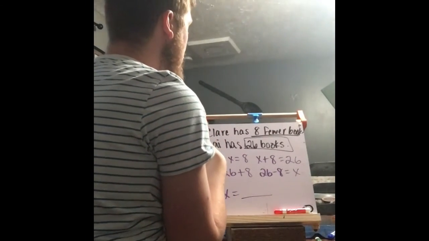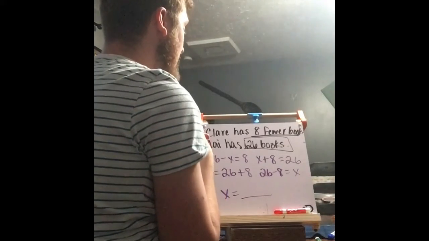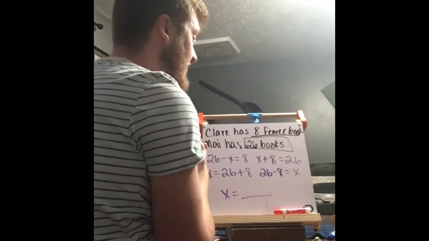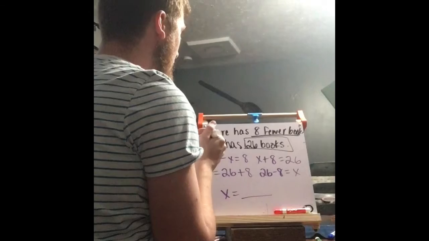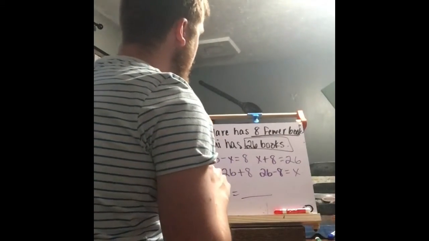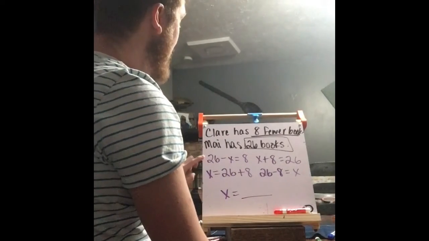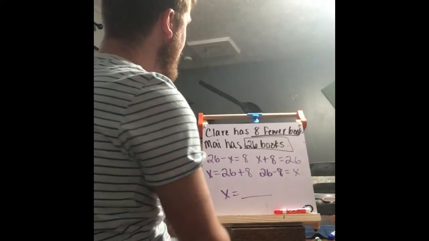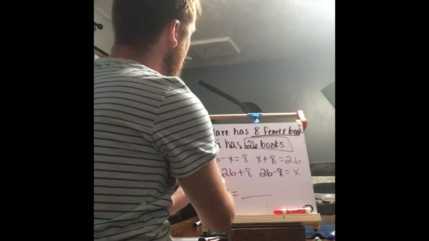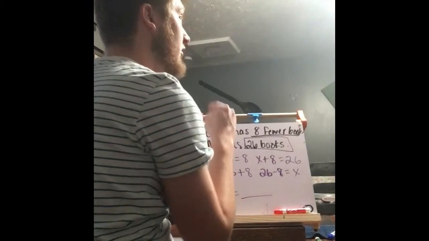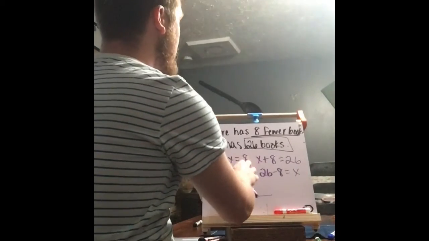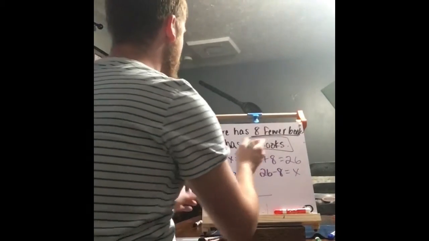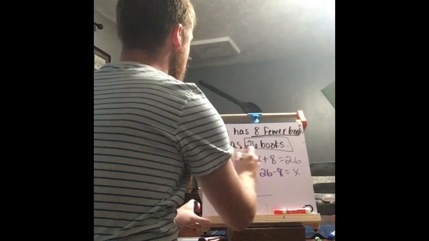So, looking at this, we have 3 equations that would work for this, guys. This one would work. Our 26 minus x equals 8 would work, because this is showing that if we were to take Mai's total and then subtract out how many books Claire has altogether, that would show that she has 8 fewer books. So we're going to circle that problem.